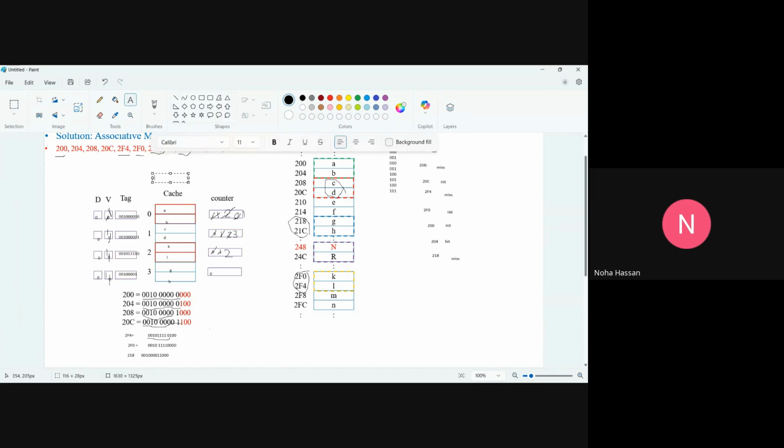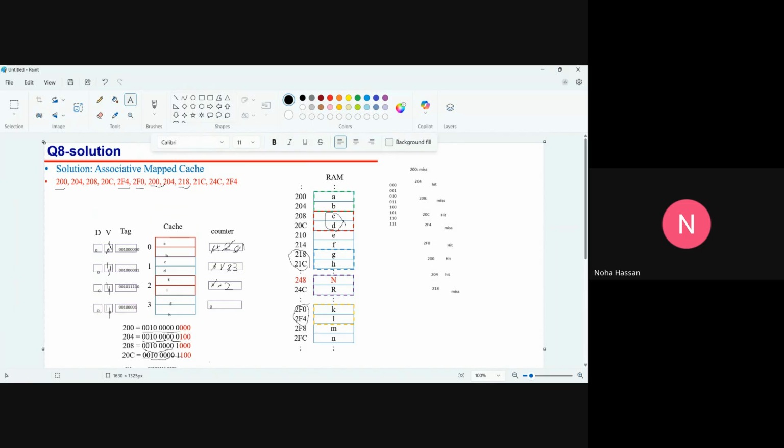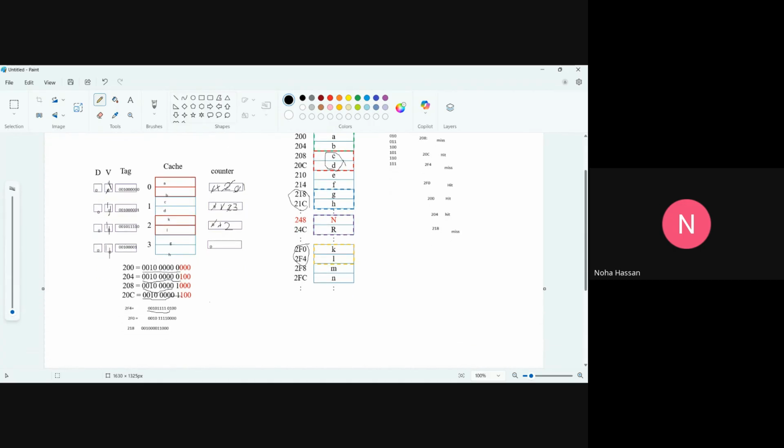Next address. The next one is 21C. Okay, so 21C, was it there? Let's see the corresponding binary value for 21C. C means 12, right?